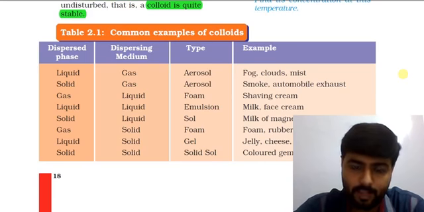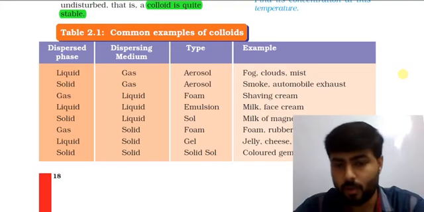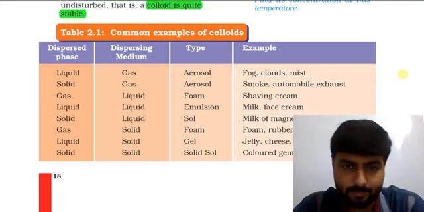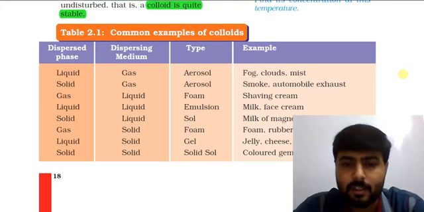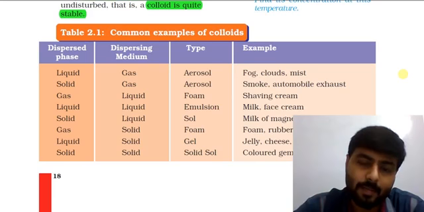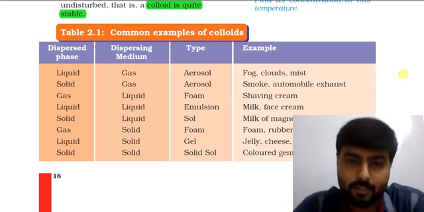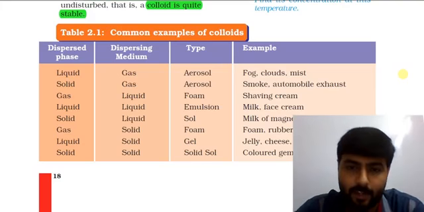Example: aerosol, foam, emulsion, gel, solid sol, etc. And we have understood how dispersing medium and dispersing phase create different kinds of colloidal solution.